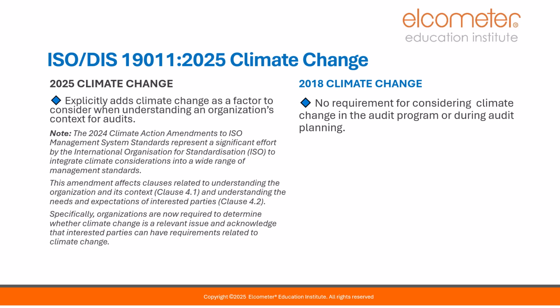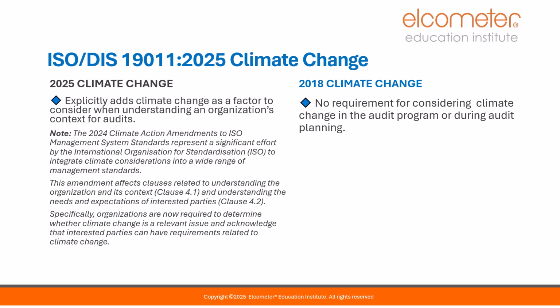This amendment impacted Clause 4.1 and 4.2, which requires organizations to evaluate whether climate change is a relevant issue and to recognize that interested parties may have climate-related requirements that must be addressed within the organization's management system.